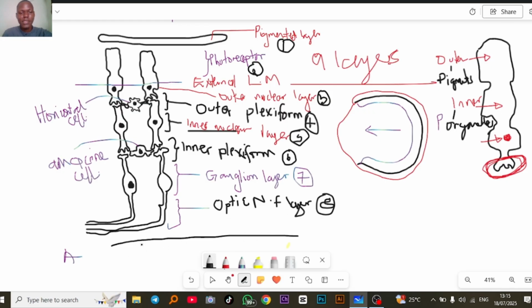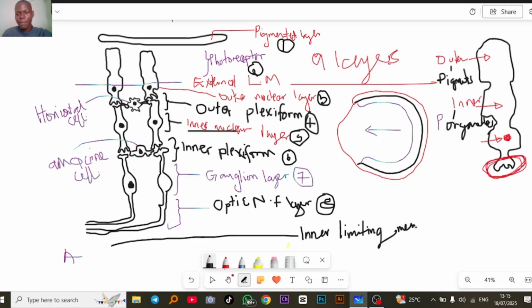Then the last layer is this layer here. The retina is just next to the vitreous humor. There is just a layer which separates the retina from the vitreous humor, and it's known as the inner limiting membrane.